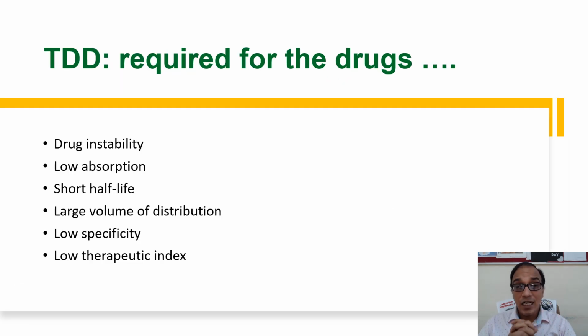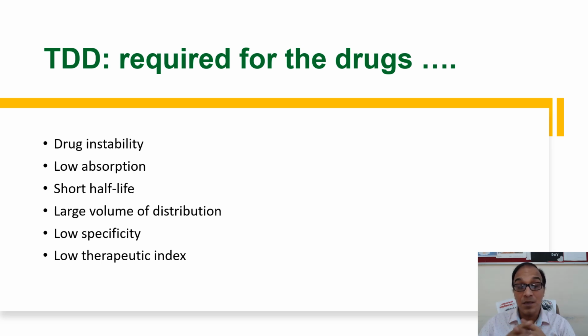Now in targeted drug delivery, we have to see which kinds of drugs can be given as a targeted drug delivery system. So what are the problems with the drug? What kind of drugs need targeted drug delivery? There might be many reasons: drug instability, low absorption, short half-life, large volume of distribution, low specificity, and low therapeutic index.